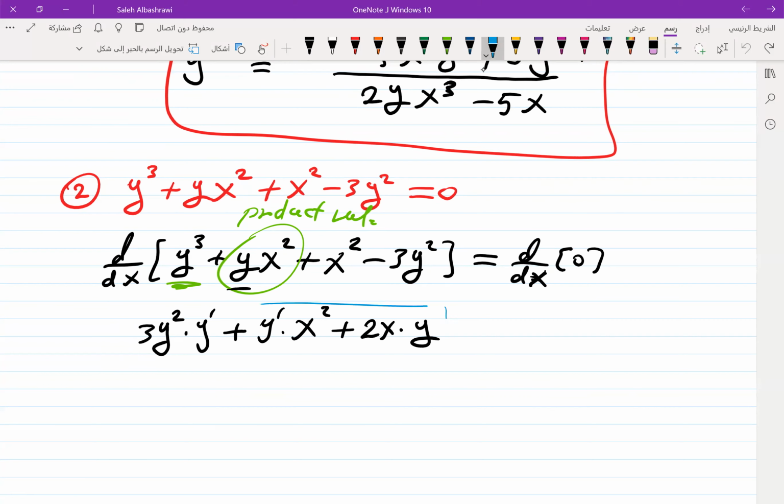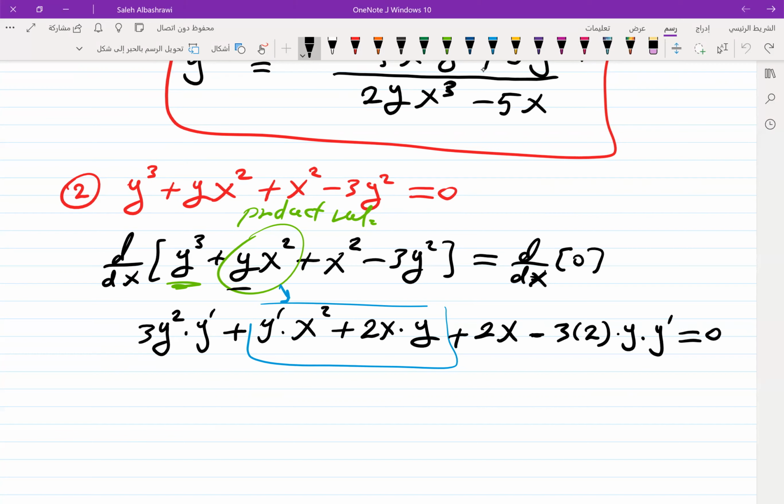This is the product rule of the second term. Now third term, I have x square, so it is plus 2x. The fourth one will be minus 3 multiplied by 2, we differentiate the power, it is 3 multiplied by 2 multiplied by y, and we must have y prime, equal to 0. We must have y prime each time we differentiate y.